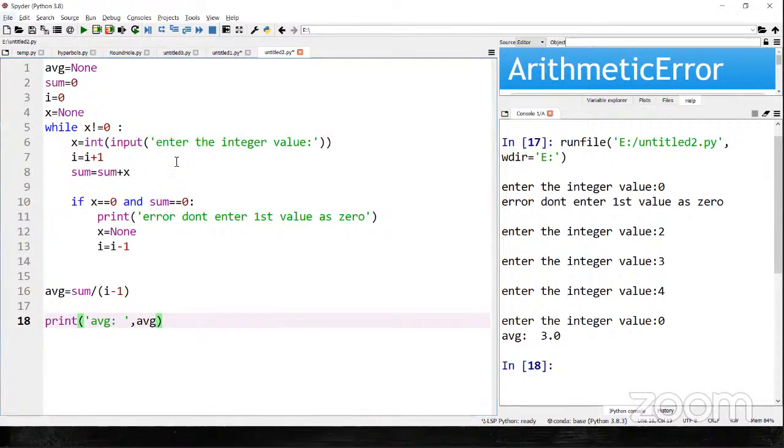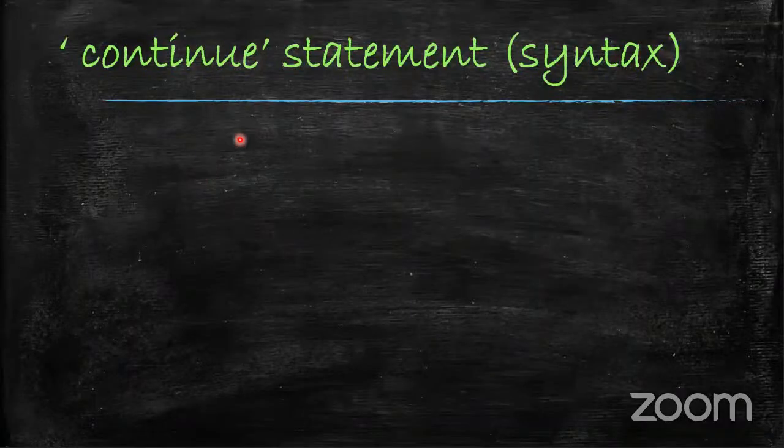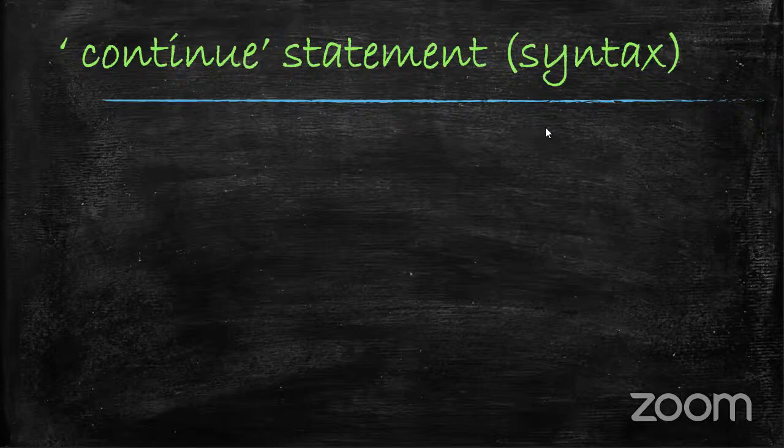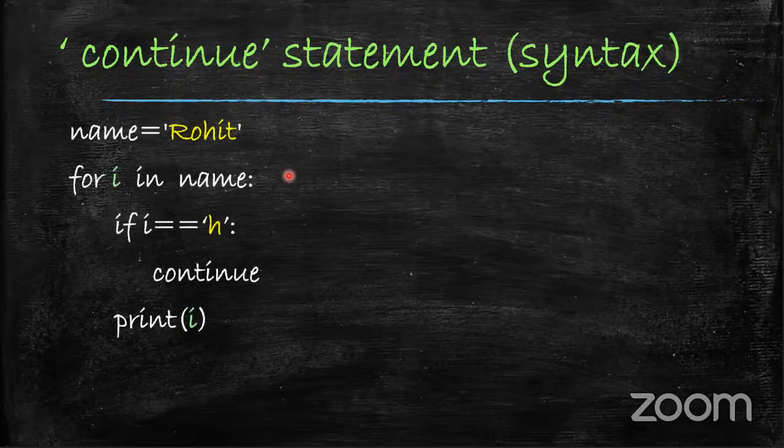Now let's try to see a few more things in the loop. There is something called the continue statement. There are two special statements called continue and break. Let's see what a continue statement is.